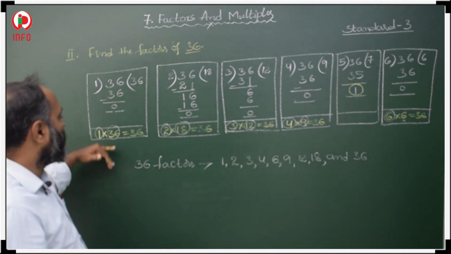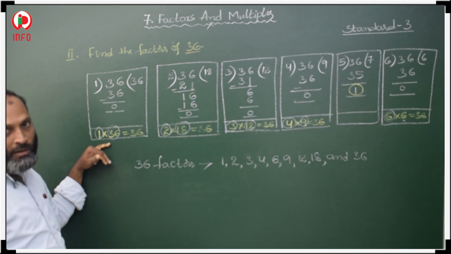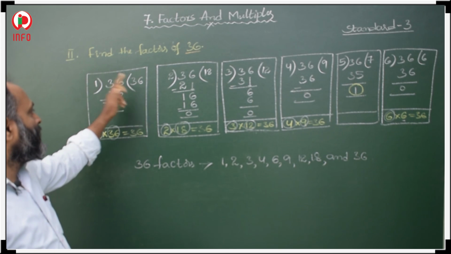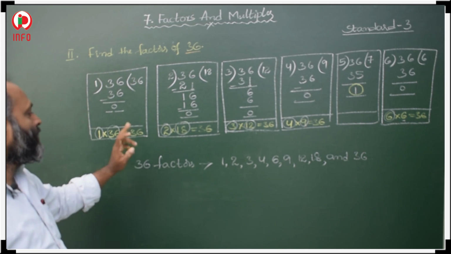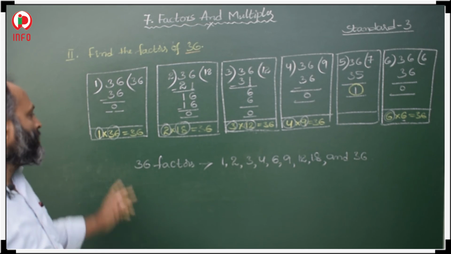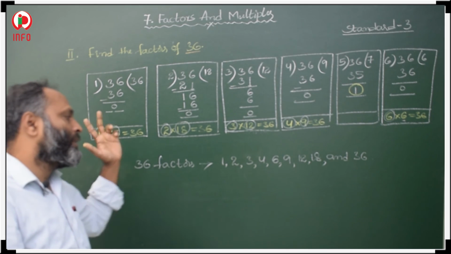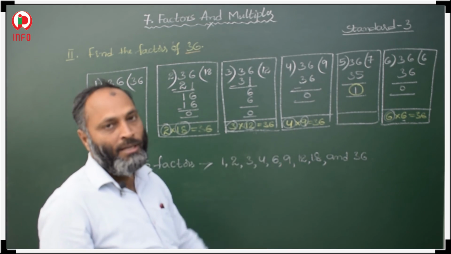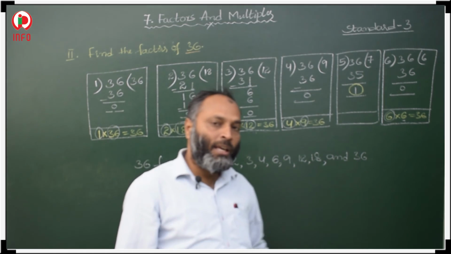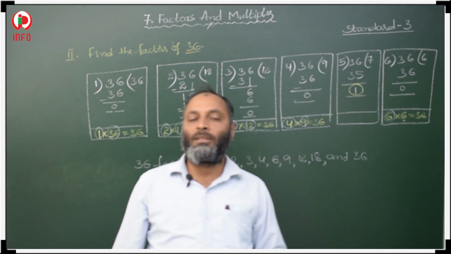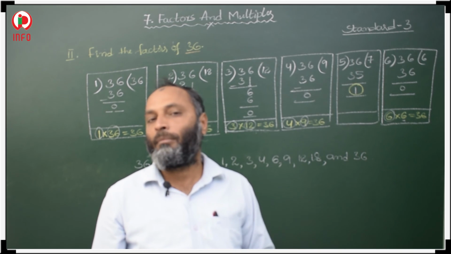So we have to convert that into a product of two multiples. Divisor into quotient is equal to dividend. Whatever the two multiples are there, those two multiples are the factors of 36. In that way we have to find the factors of a given number. Okay.